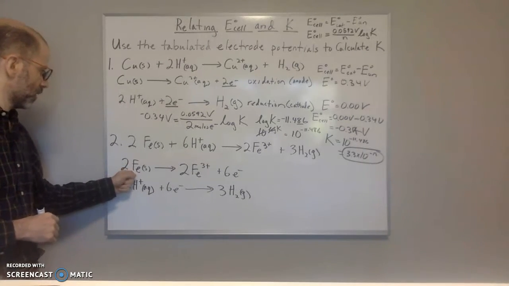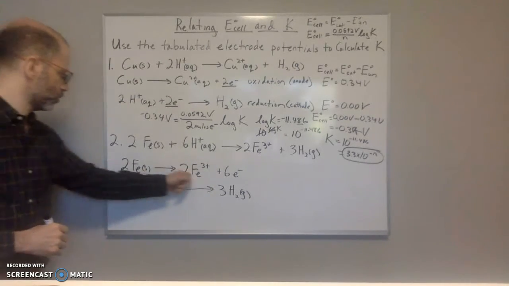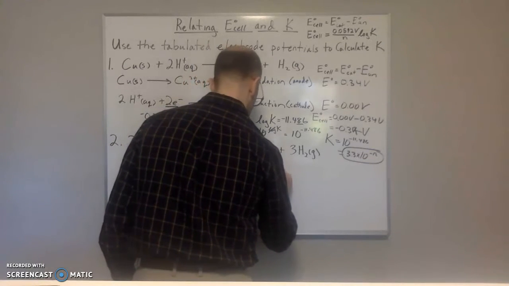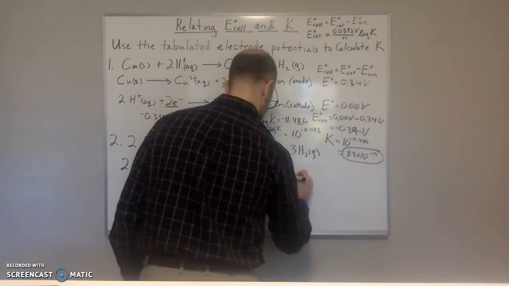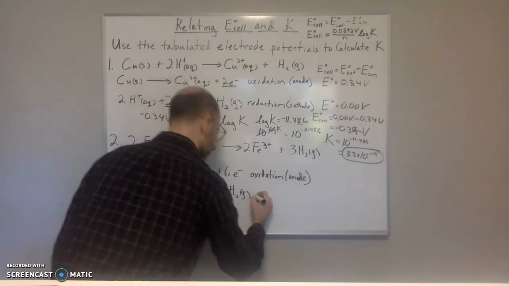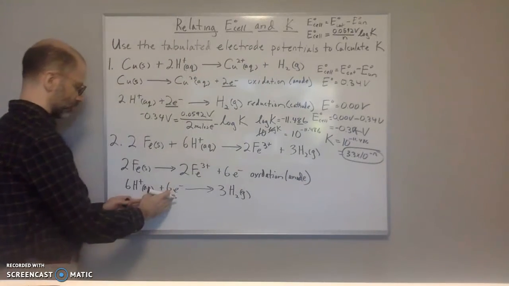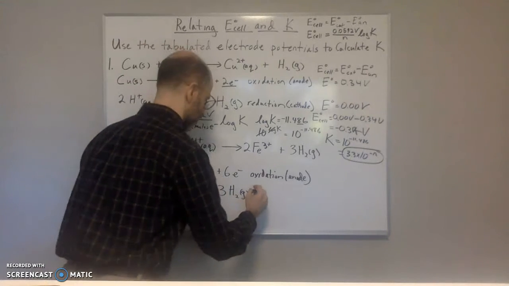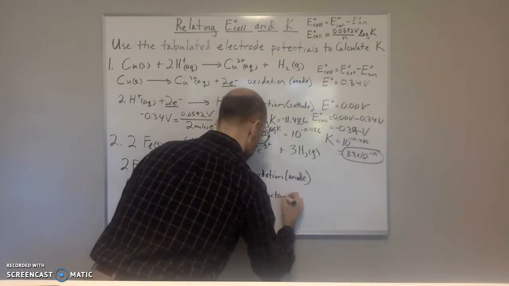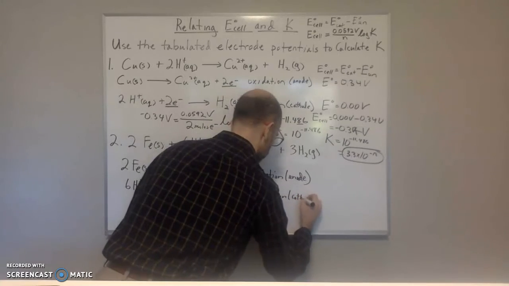So iron, this is losing electrons, so this is oxidation. And again, oxidation happens at the anode, and we're gaining electrons here, so that's reduction, and that's happening at the cathode.